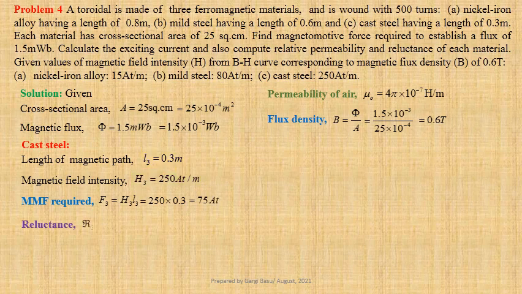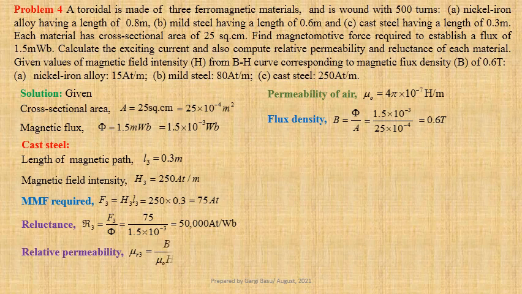Reluctance R3 equals F3 divided by φ. Using values we get 75 divided by 1.5 into 10 to the power minus 3, that gives us 50,000 ampere turns per Weber. Relative permeability μr3 equals B divided by μ0 times H3.